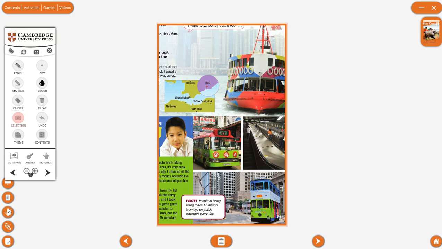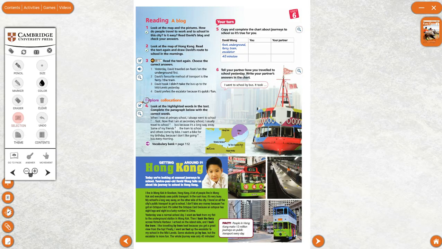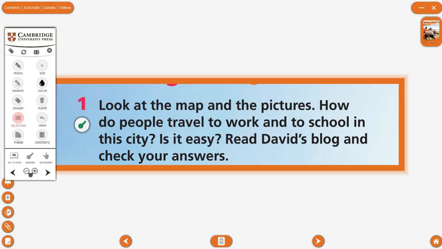And there's a map also, and there are some cities here. And as for the question, please: how do people travel to work and to school in this city?